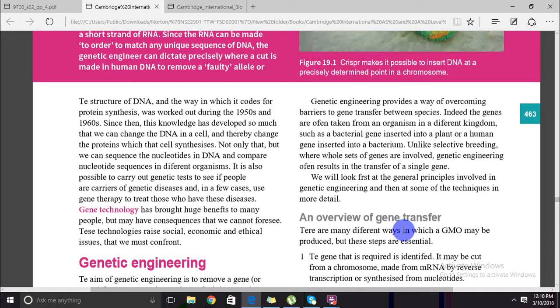And an example of a bacterial gene being inserted into a plant is for herbicide resistance, because there is a herbicide, I believe it's called glyphosate, and it's usually used to destroy a lot of weeds.